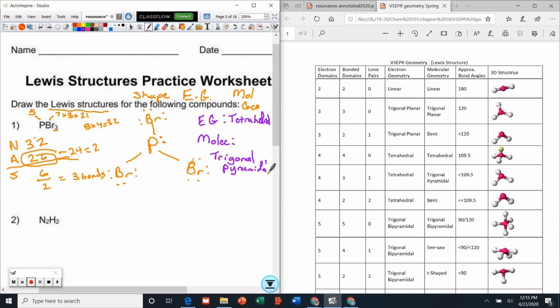All right. Now, the next question we want to know is, will this atom be a polar or non-polar atom? Well, for this shape, it's actually easy. See these lone pairs right here?